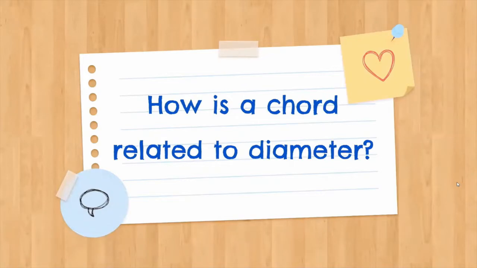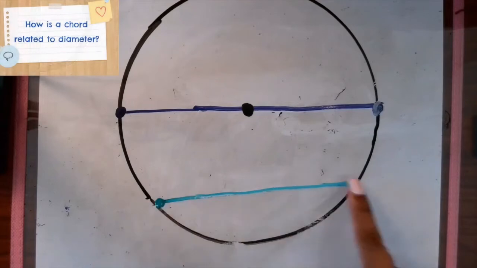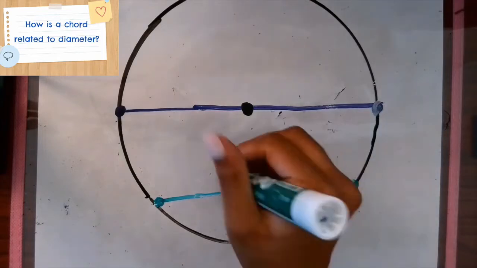Next question. How is a chord related to diameter? This week, we have learned that a chord is a line segment connecting any 2 points on a circle. So I could label this green line as a chord.